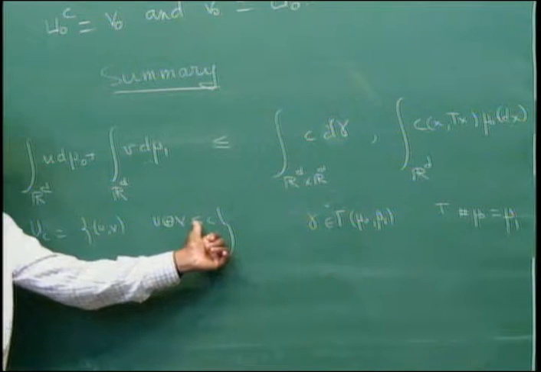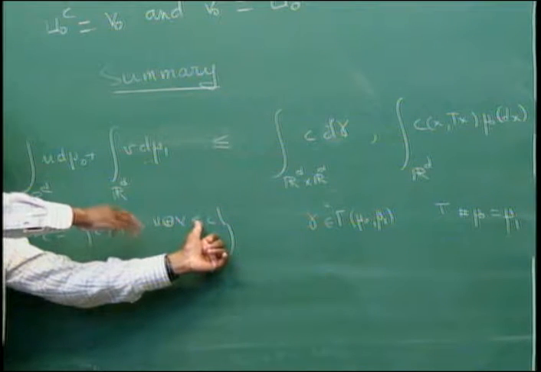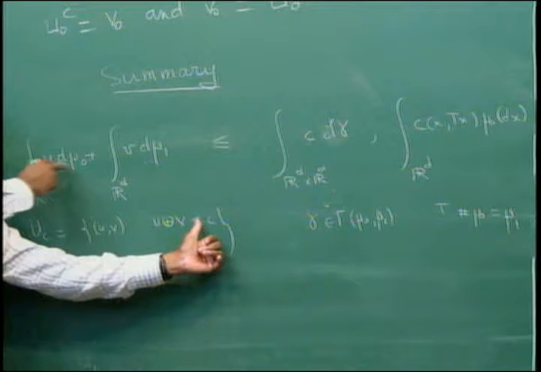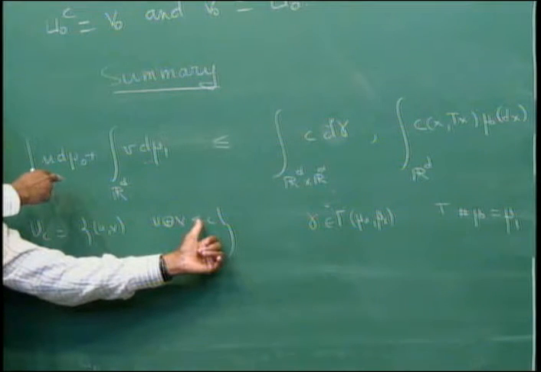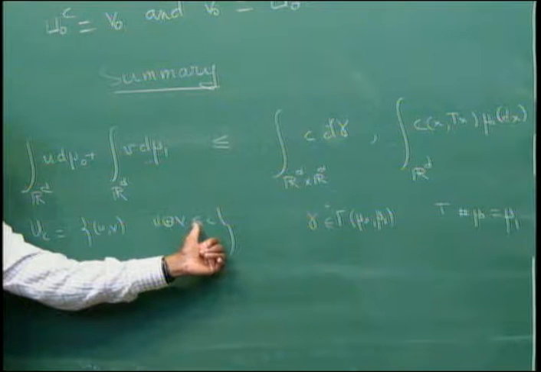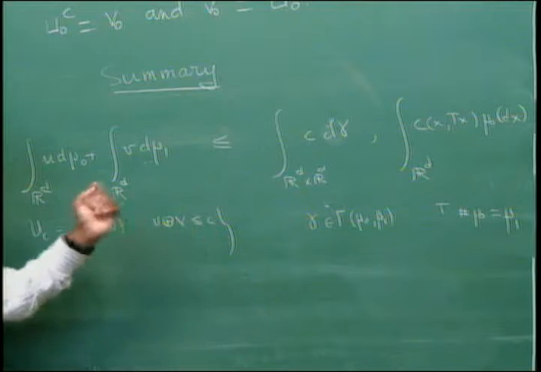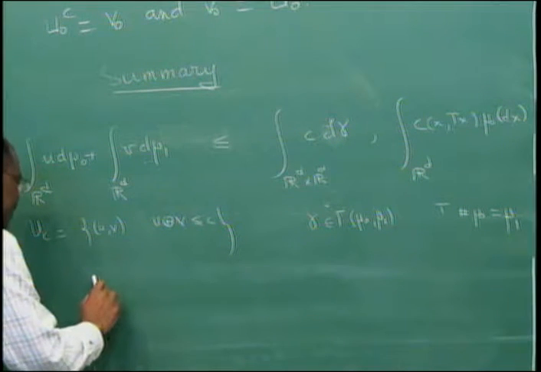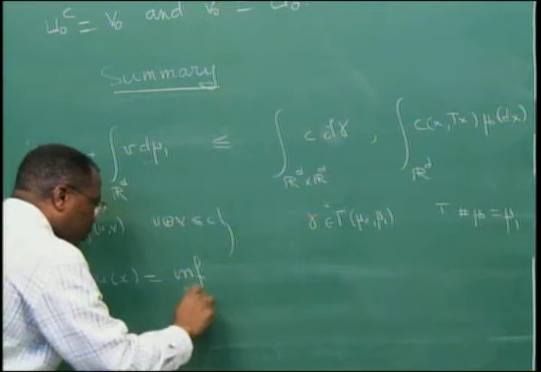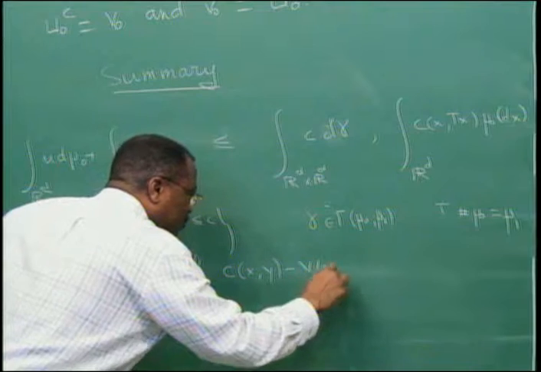Because if the inequality was strict, I can increase the value of U and not violate the inequality, and this will increase the value of that integral, and I cannot have a maximizer. So saying that the inequality is not strict, that you have equality for each x, is equivalent to saying that you can write U of x as the infimum over y of C of x, y minus V of y.